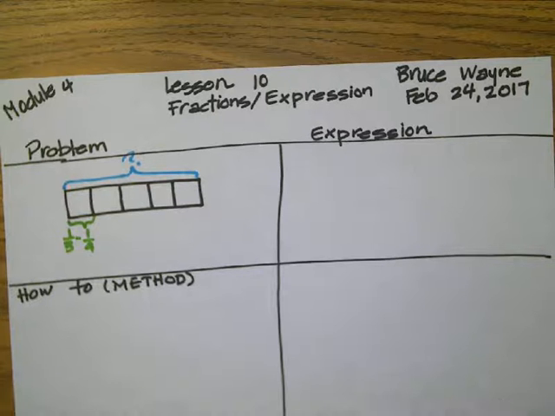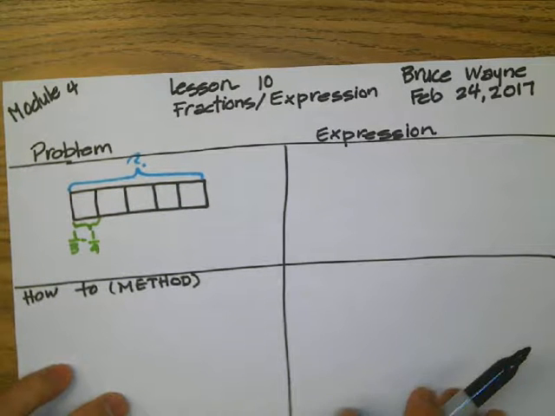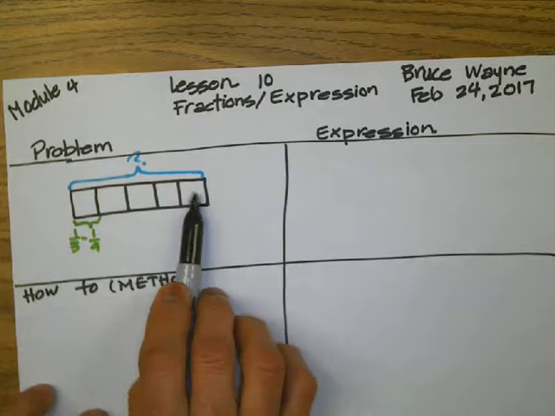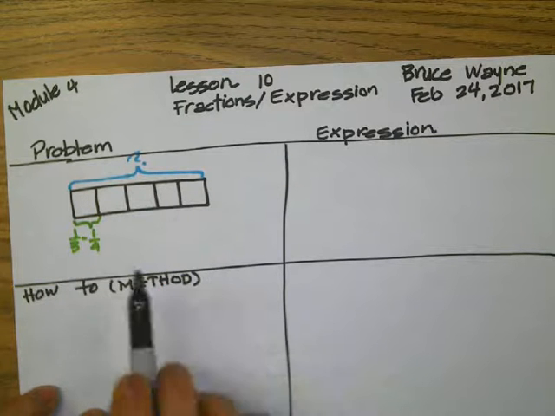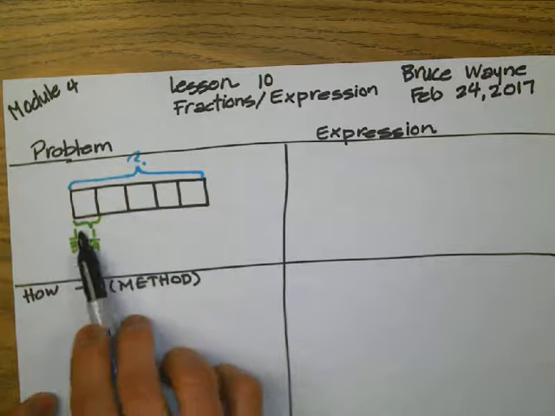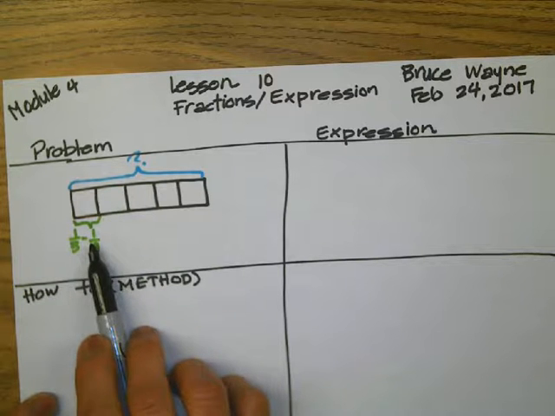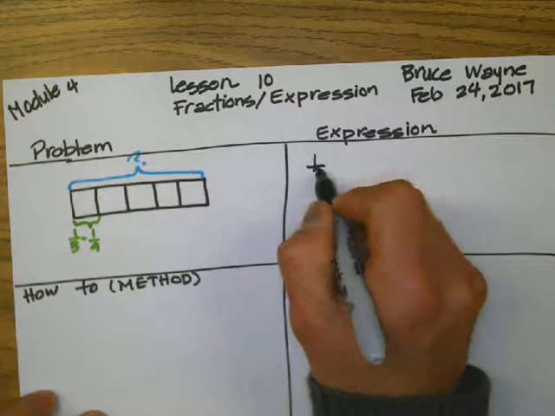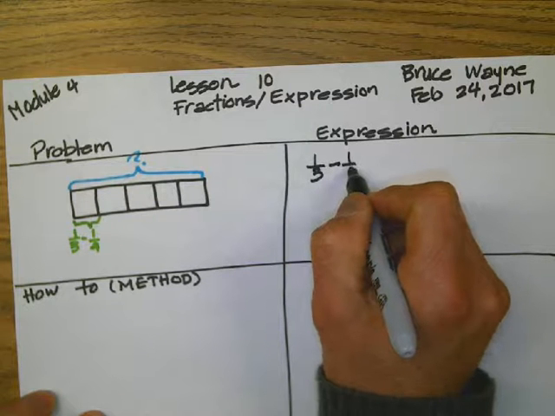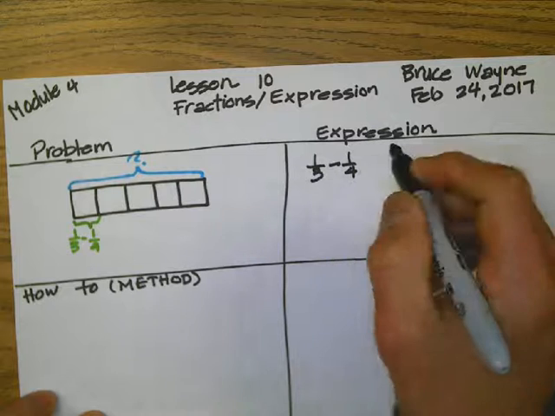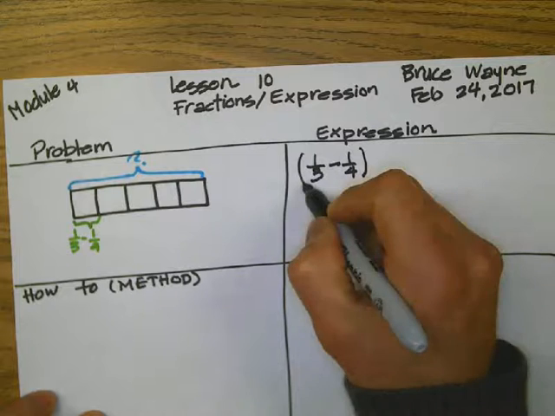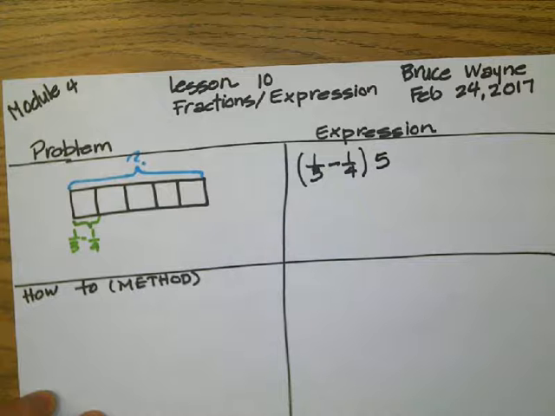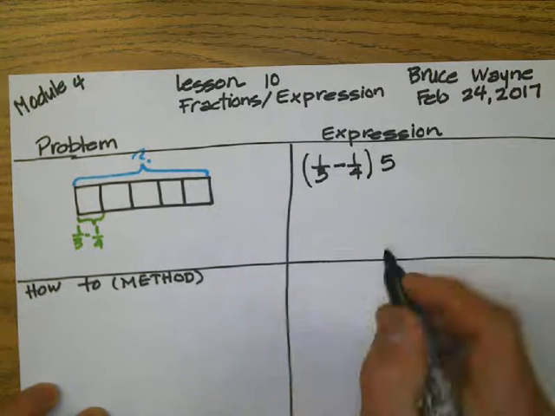So one thing that we need to know is, you know that we have how many parts? 1, 2, 3, 4, 5. And each of these parts has this value. So we're going to start with 1/3 and 1/4, or we can write it backwards. And I'm sorry, this time I'm going to write it with words.